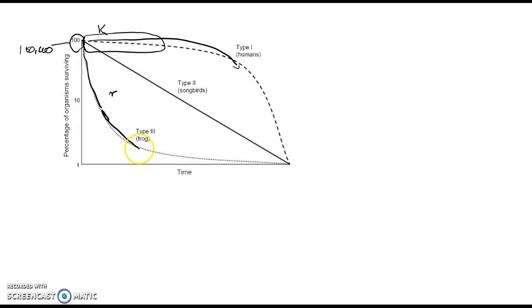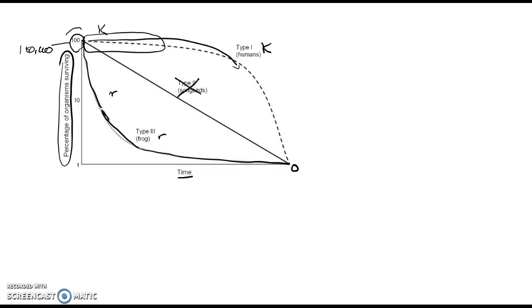So that we end up with this population size down here being similar to the population size, or perhaps even more, than the K-selected species, and then over time, eventually, of course, going to 0 from that initial cohort of 100, going down to 0 here. And we don't need to know about the type 2 one. So type 1 is K, type 3 is R. Remember to label your axes, so you must have time and percentage or proportion of organisms surviving on the y-axis.